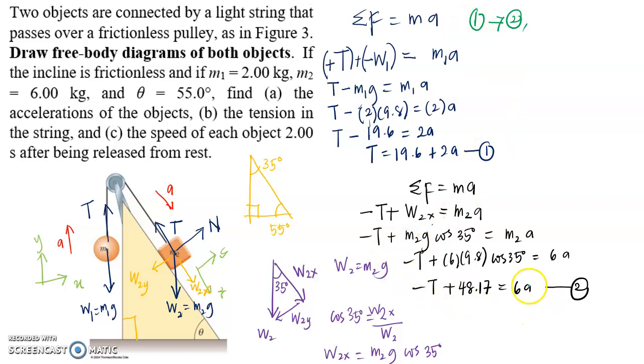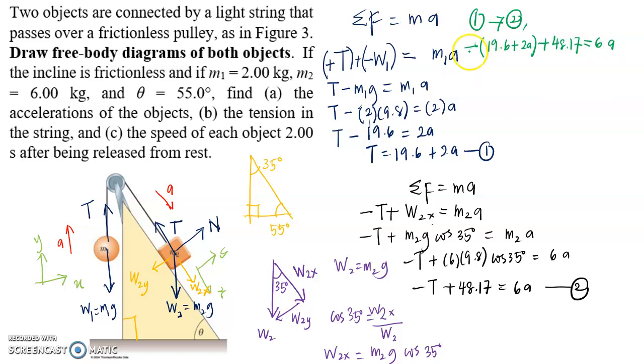So I'm going to write down equation 2, which is negative T, where T, according to equation 1, is 19.6 plus 2a, and then plus 48.17 is equal to 6a.